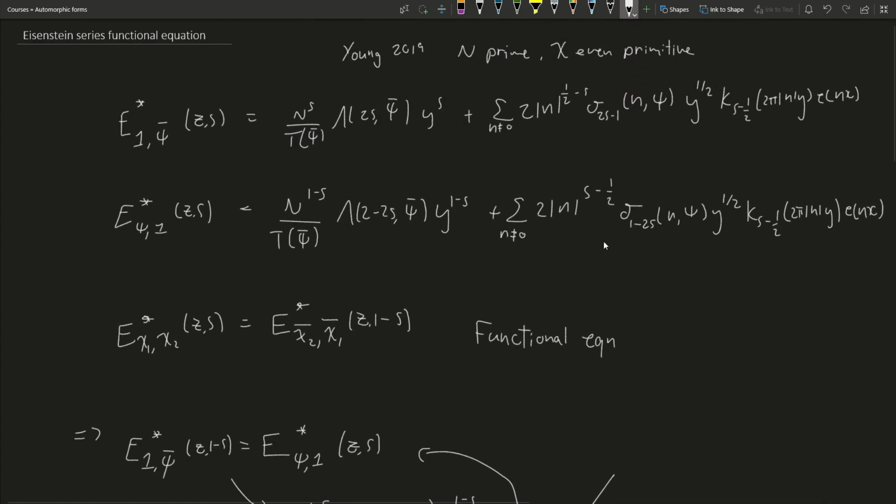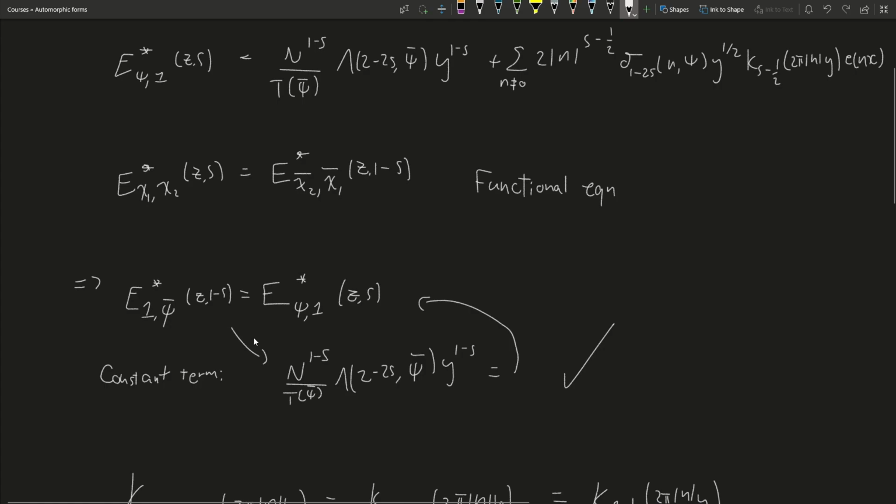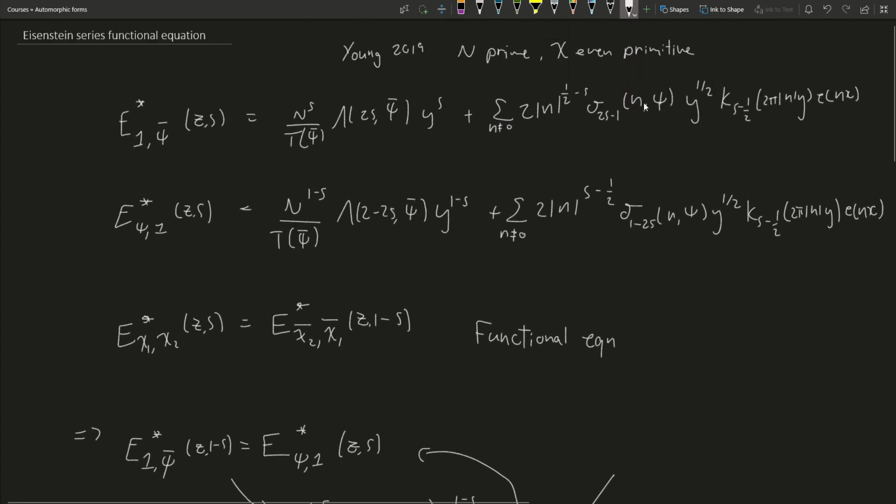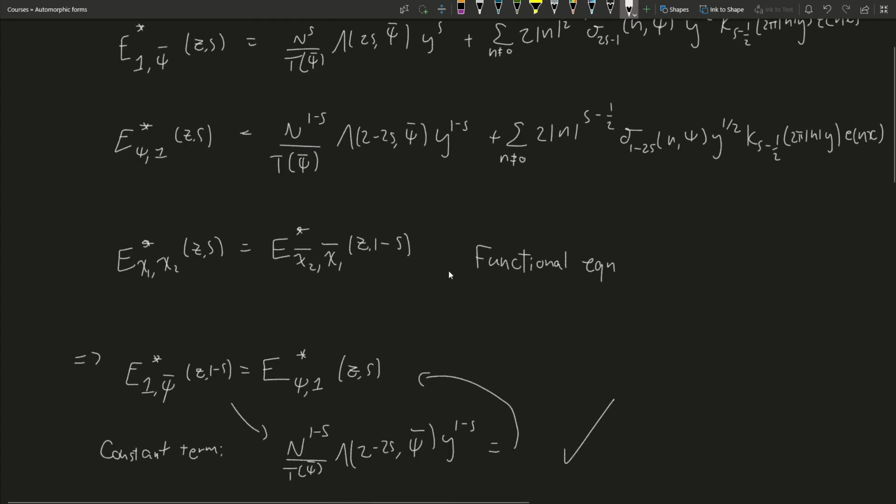So essentially, just by replacing s with 1 minus s in this top Fourier expansion, we get the bottom Fourier expansion. So that verifies the functional equation in this specific case.